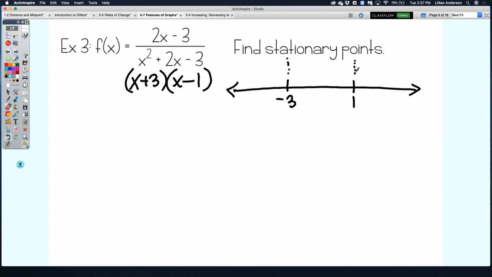But let's see if there are any other critical points where there might be a max or a min, okay? Stationary points. So derivative of the top, low d high, minus high d low. What's the derivative of my bottom?